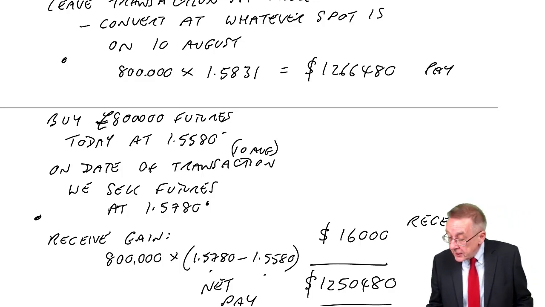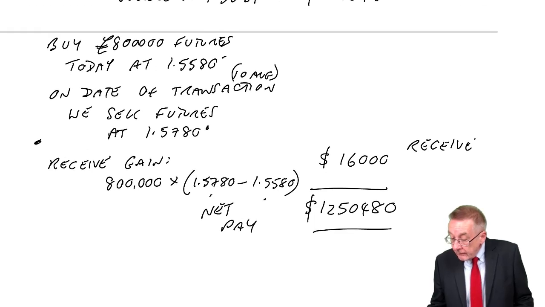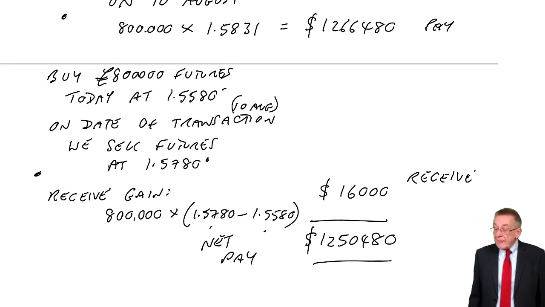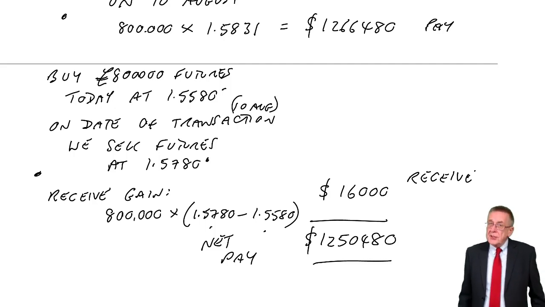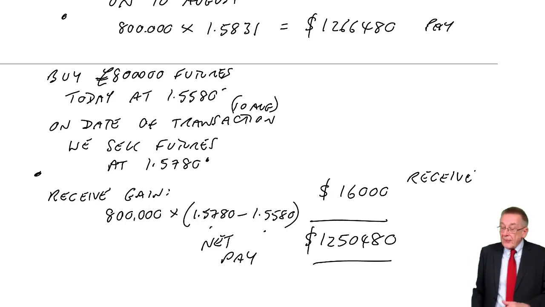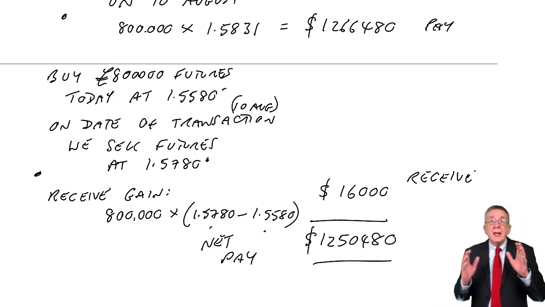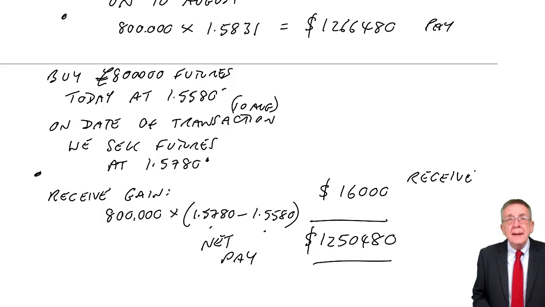I have written a note at the bottom. In real life, things aren't quite as perfect as that, for two reasons. One is, with futures deals, you can't just buy any amount you want. They have to be in what we call fixed size contracts.